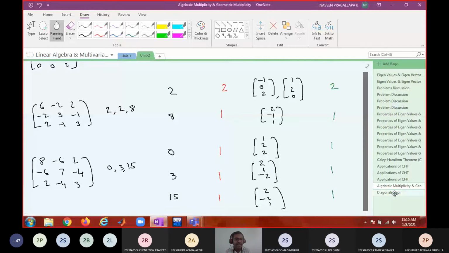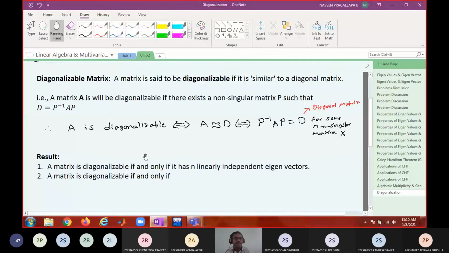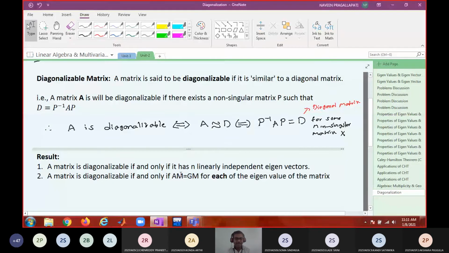Okay, so you can say like this: a matrix is diagonalizable if and only if algebraic multiplicity equal to geometric multiplicity for each eigenvalue of the matrix.